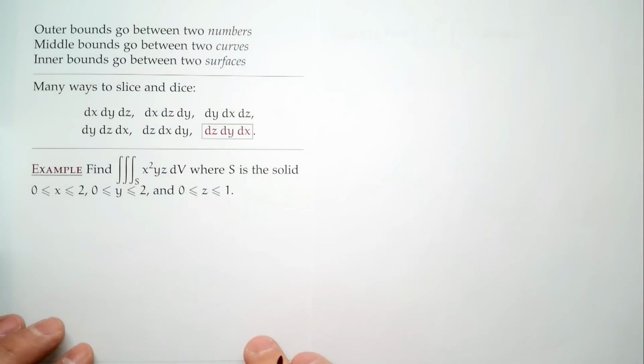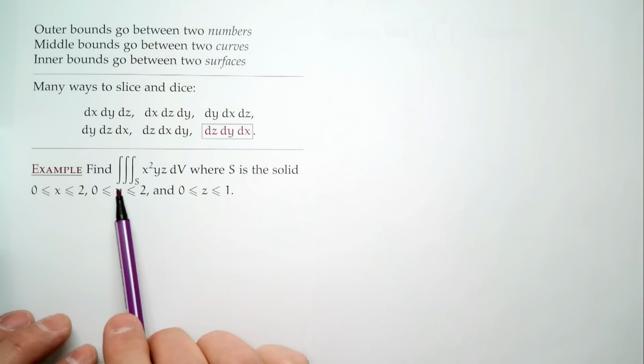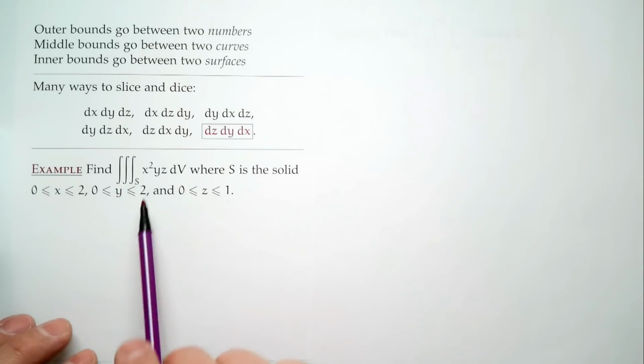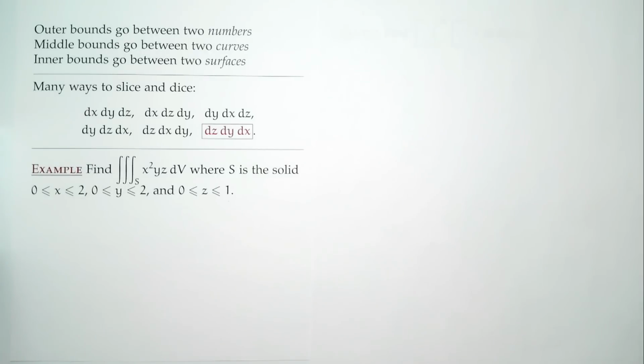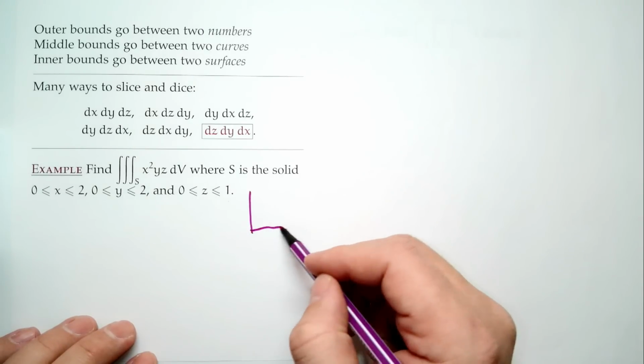All right. So let's try this out. So find an integral over a solid of x squared yz dV, where S is a pretty simple solid. We have x going from 0 to 2, y going from 0 to 2, z going from 0 to 1. If we were to sketch this solid, what would I see?